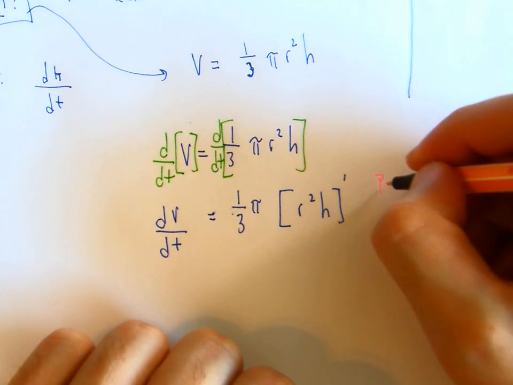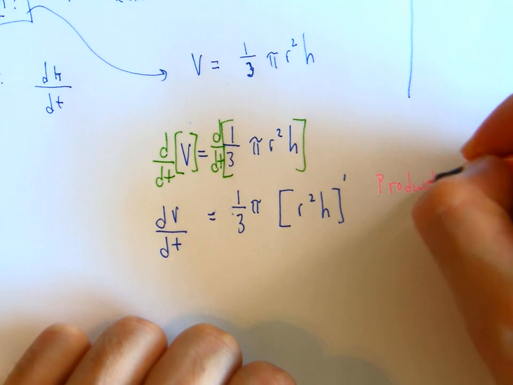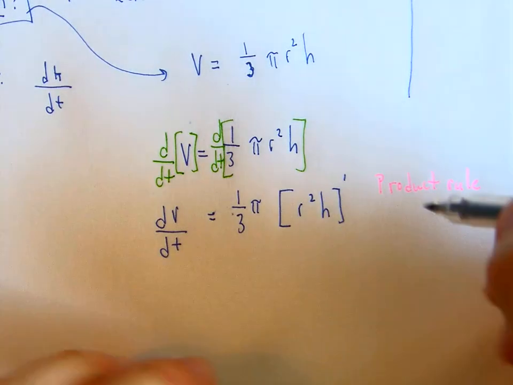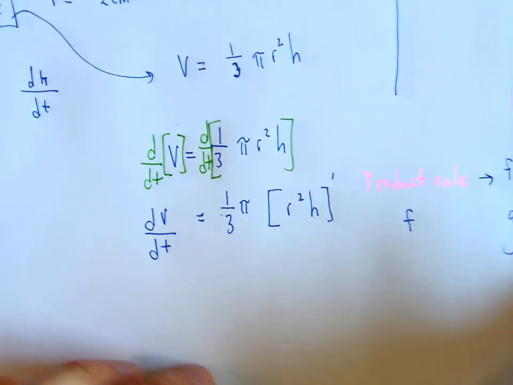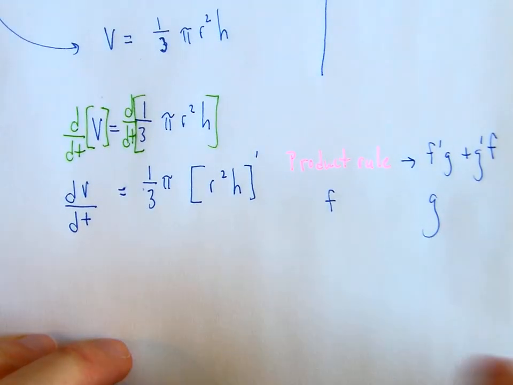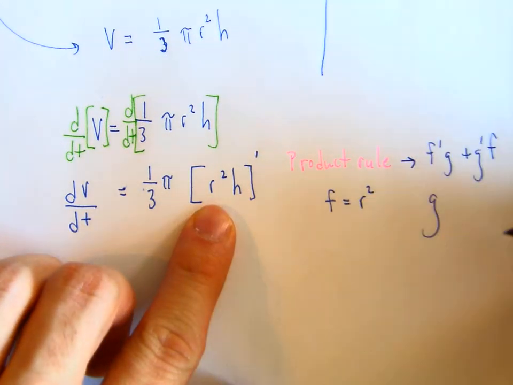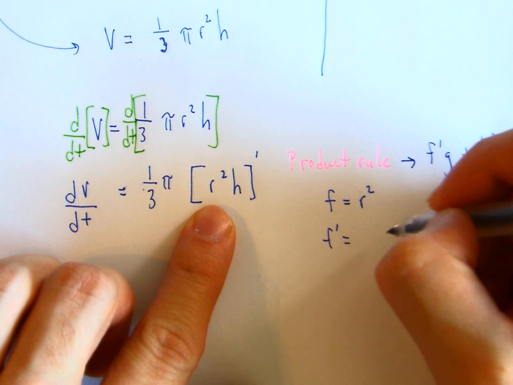Here, if you want to see how it's done, you have to use the product rule. So now here you have to ask yourself, what is your f and what is your g? Because for the product rule you have f prime g plus g prime f, right? Okay, so here, what is your f value? The f value is r squared, and so then f prime is what?